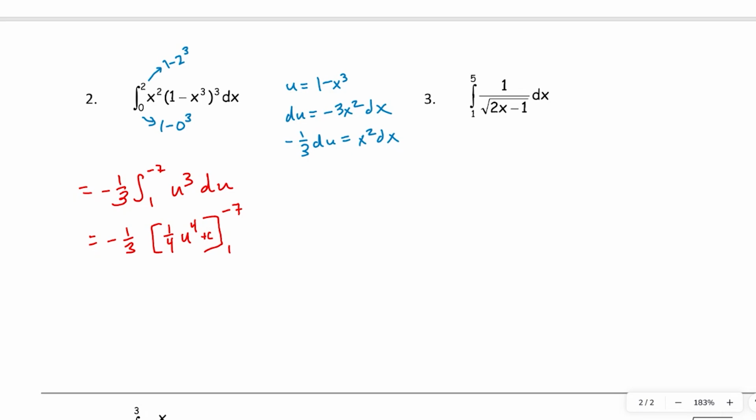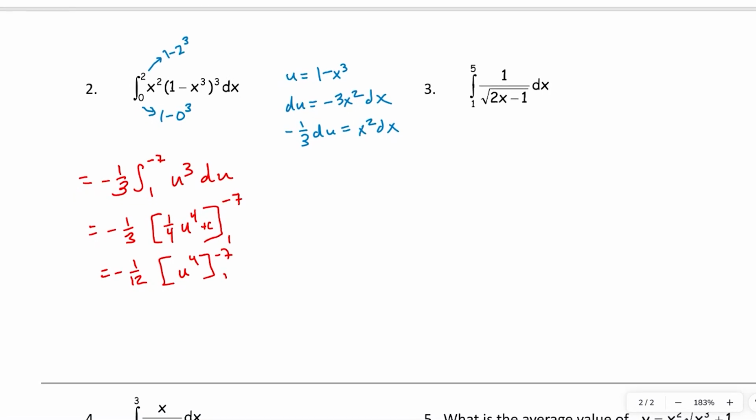Now, just to make this a little easier, I'm also going to factor out this 1/4. So I have -1/12 from 1 to -7. Just trying to simplify this as much as possible. And again, we know the plus c's are going to cancel out.